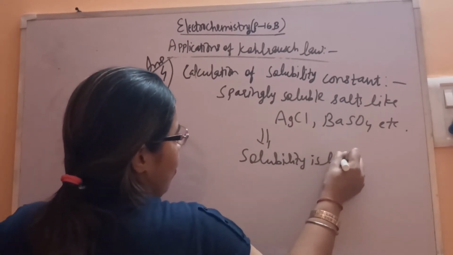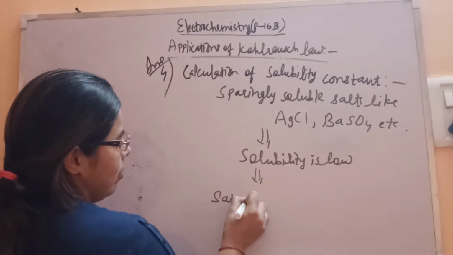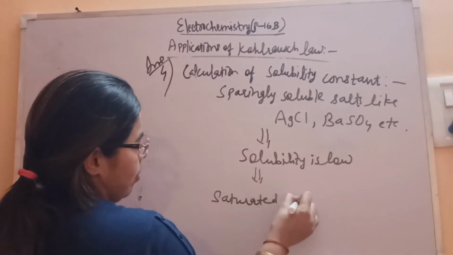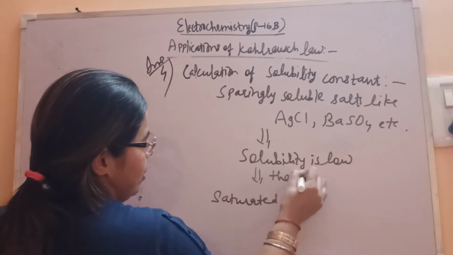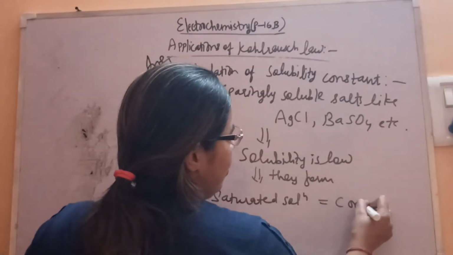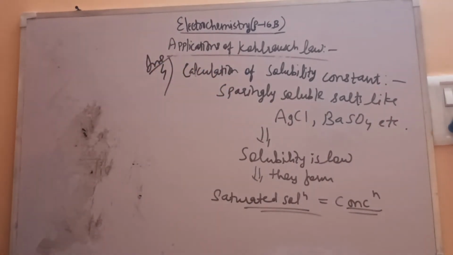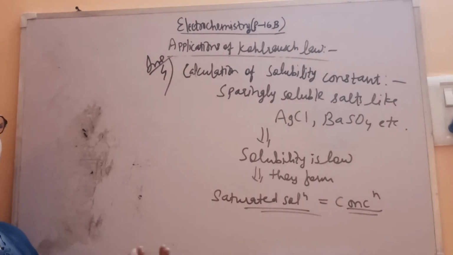Solubility is low. Fine. Since they form a saturated solution, in that case their concentration becomes equal to the saturated solution, because after that no more solute can be dissolved. All of you know what is a saturated solution.